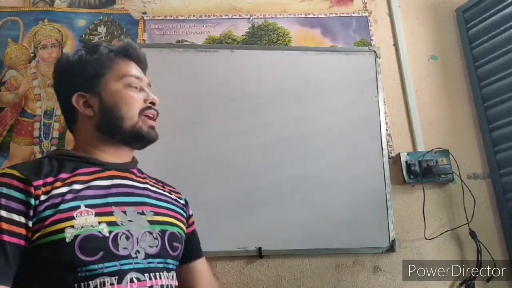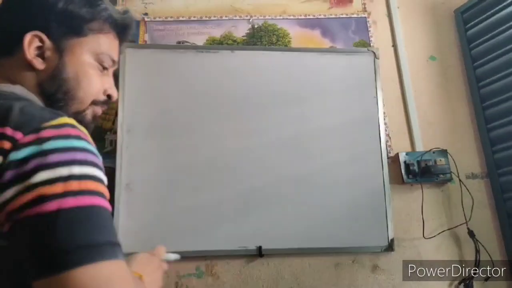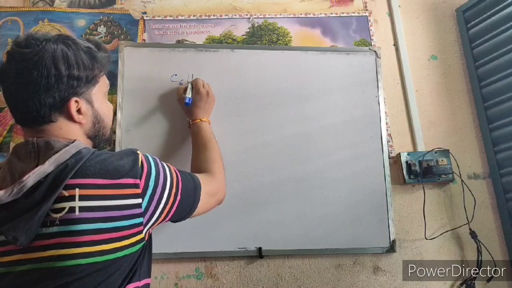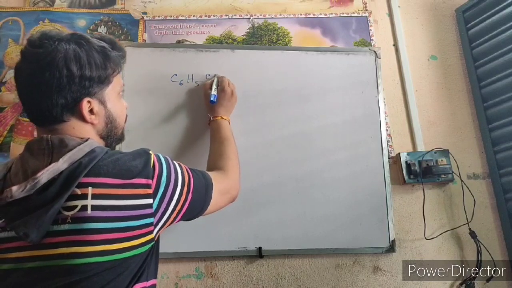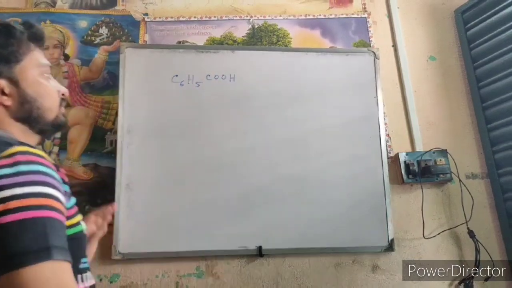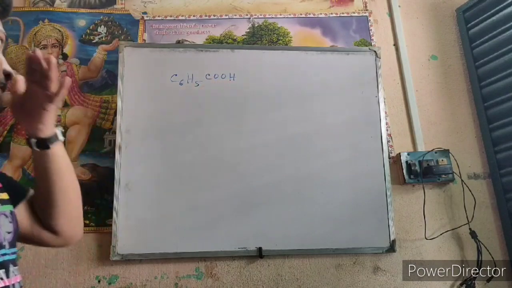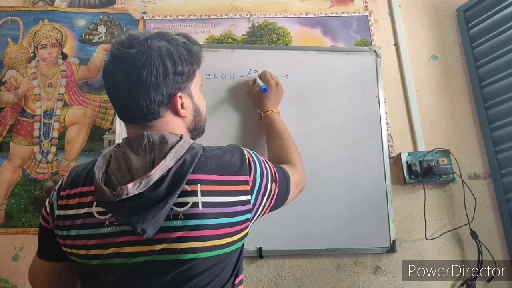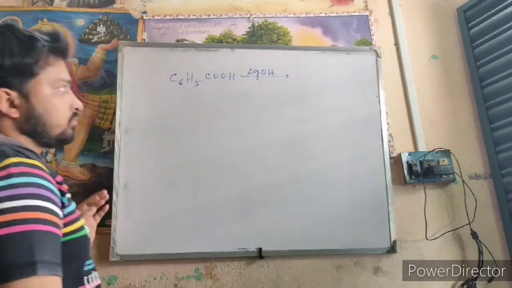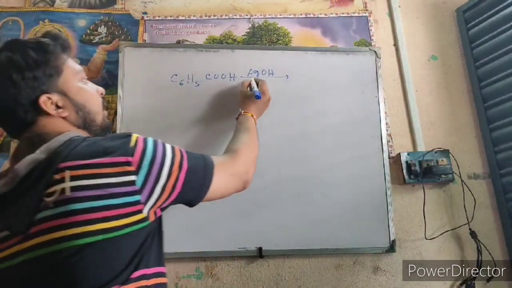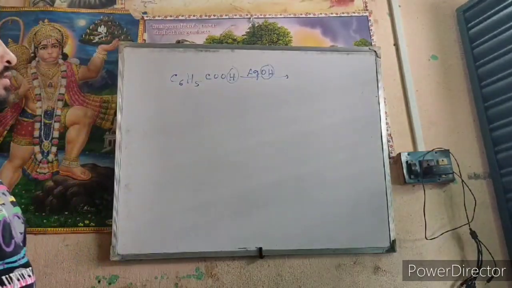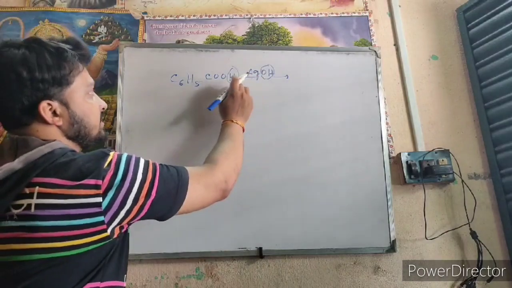Now you write the Hunsdiecker reaction. What is the Hunsdiecker reaction? C6H5COOH, this is benzoic acid. You want to use AgOH here. If you use AgOH, OH minus and H plus make water, and Ag is added here.